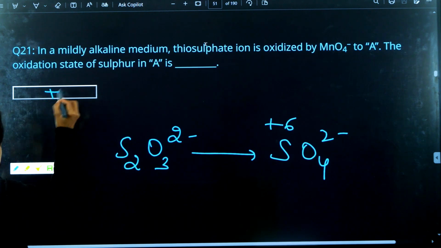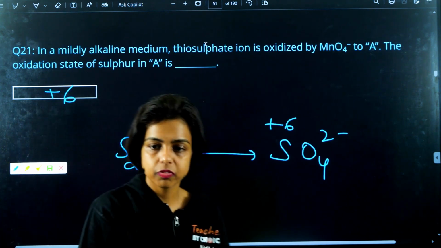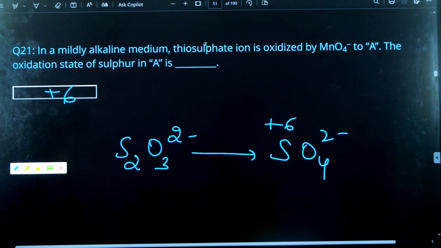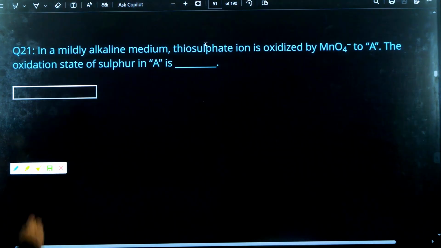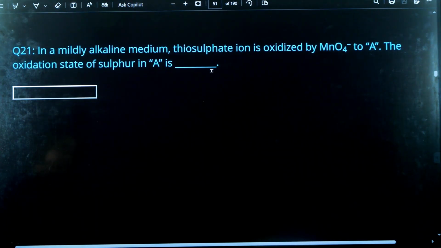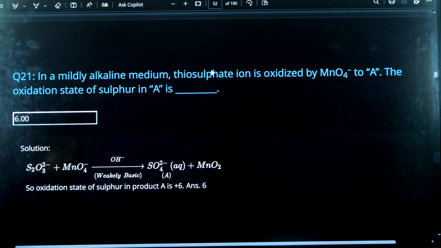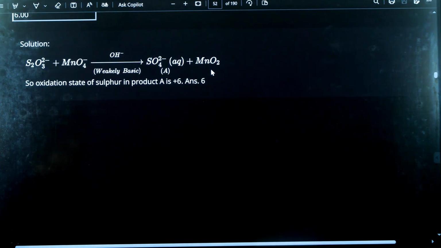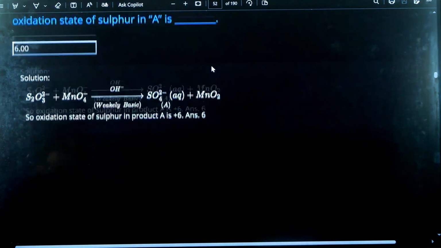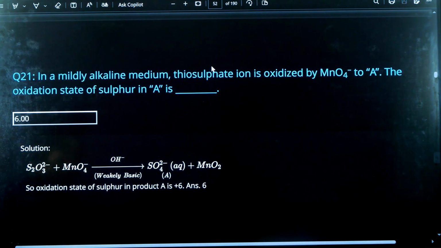Very simple. Thiosulfate gets oxidized to sulfate. The answer is +6, right? So +6 is the correct answer, guys. So quickly you should mark it, +6. Got it? MnO4 goes to MnO2 here, Mn +4, because it is given weakly or mildly basic medium.